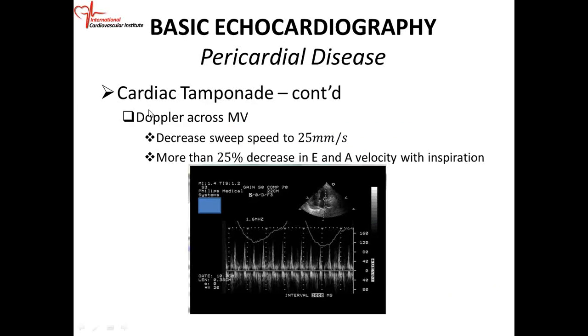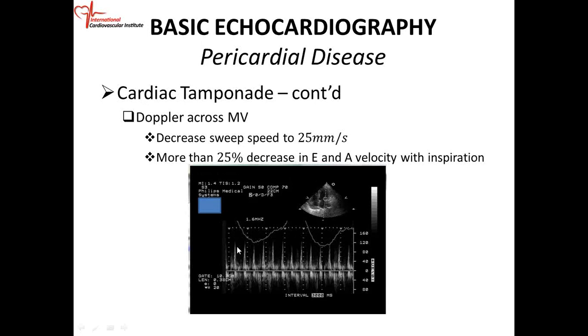And then, very important, when you do your Doppler across the mitral inflow, remember, you're going to decrease the sweep speed. The normal sweep speed is about 50 millimeters per second. You're going to decrease your sweep speed to about 25 millimeters per second. And normally you'll have a respirometer.